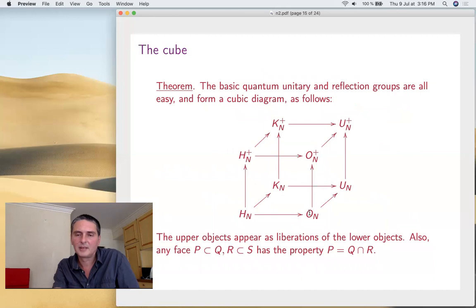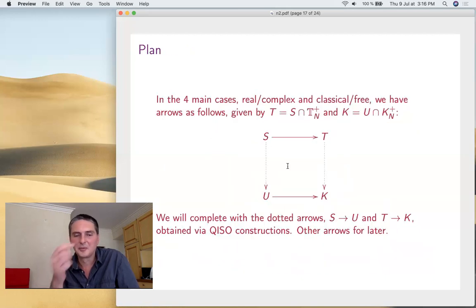If I intersect Un with Kn plus, I get Kn, and so on. You get it from the cube. So this cube statement is exactly what we need. So I have these arrows here, S to T, U to K. Now let's try to construct these arrows from S to U and from T to K, because these are quite interesting, and we'll see the other constructions later.